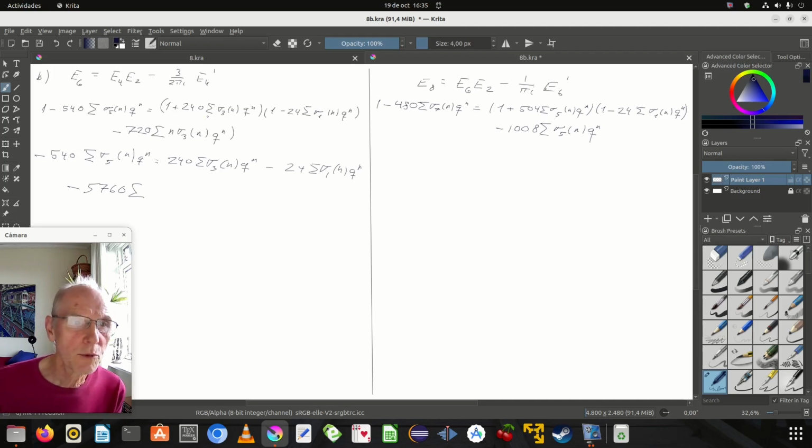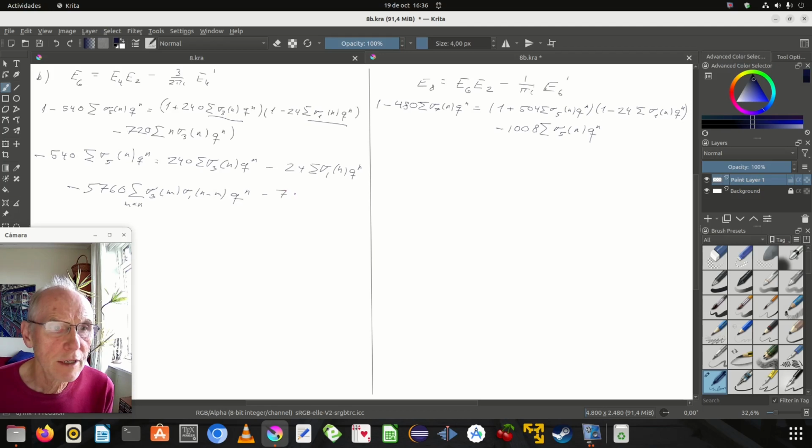And we know that we can collect this to the sum of the terms. And it cannot be equal to m because the n's here must be larger than or equal to unity. And then minus 720 n sigma 3 of n q to the nth.